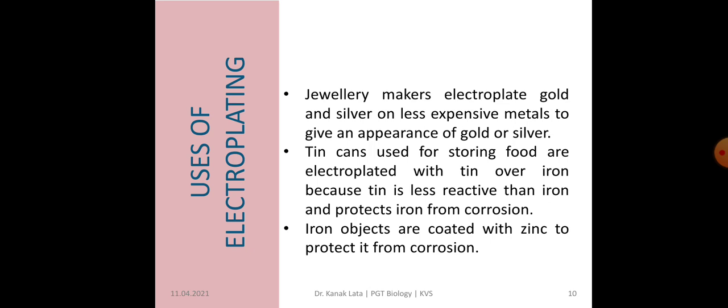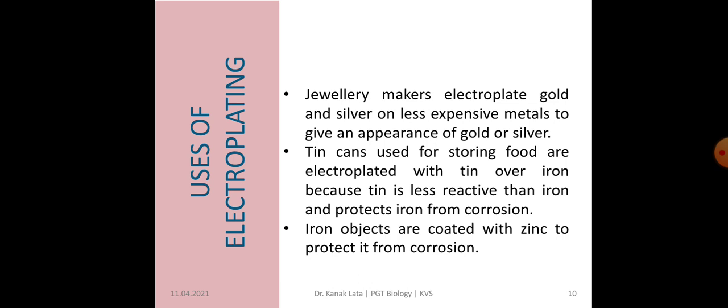Jewelry makers also electroplate gold and silver on less expensive metals so that they look like gold or silver, and they are less costly.